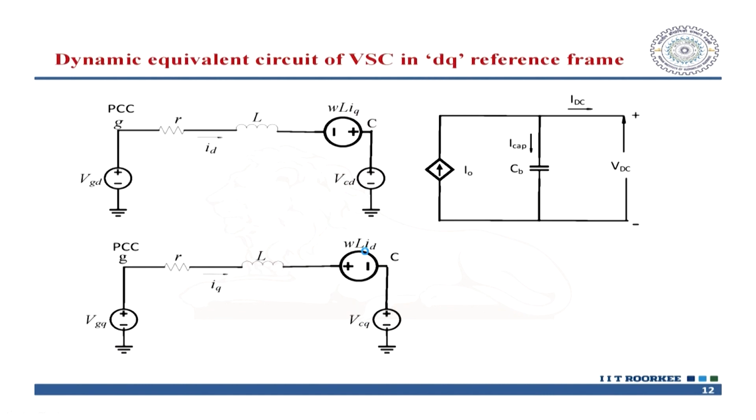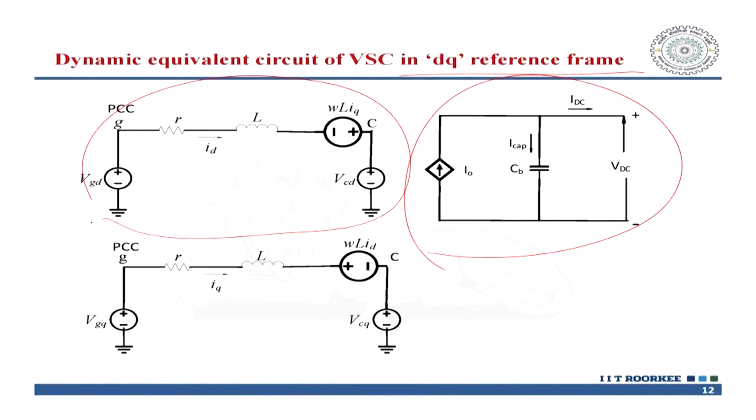So, then we have the dynamic equivalent of the voltage source converter in the dq frame of reference. Instead of A, B, C, you have just 2 axes. The DC side has no change, but on the AC side, this is your grid voltage in the d axis, the resistance does not change, and you have the inductance L. Now you have an extra term that looks like a voltage.